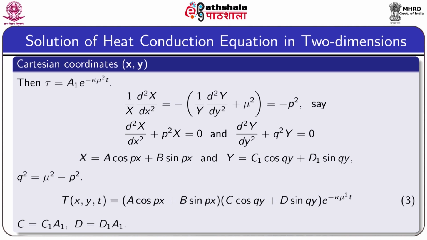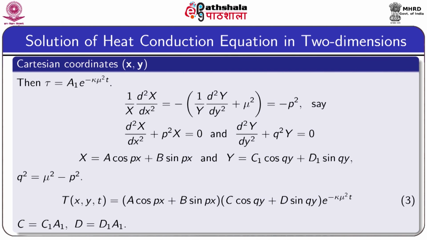Now our aim is to separate the variables small x and small y. For that purpose, we separate in this way, which is written in the slide, and we again consider another separation constant as minus p square. So equating minus p square to the function of x, 1 by X d2X dx square, we get the equation d2X dx square plus p square X equals 0 and d2Y dy square plus q square Y equals 0, where q square can be written in terms of mu square and p square as q square equals mu square minus p square.